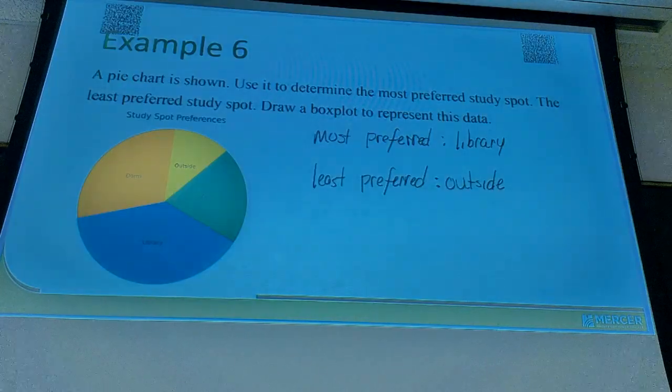Now I'm going to include the percentages. That's just going to help me do the bar graph better. Right, and there are pie charts out there that will give you the percentages.